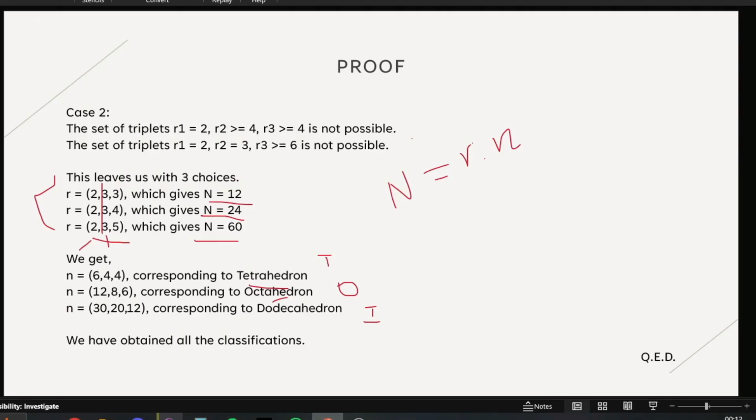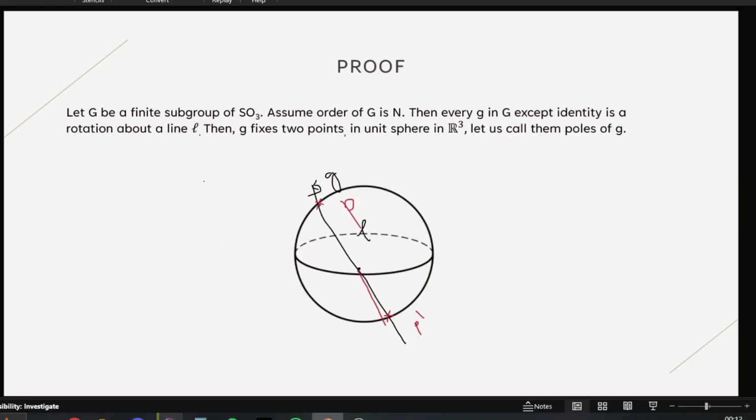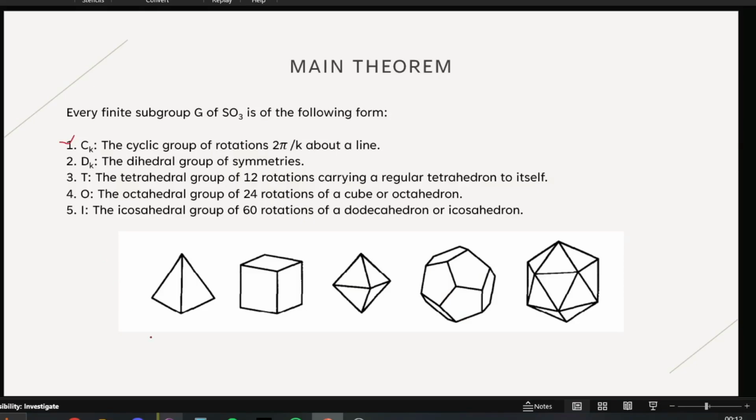So I will probably go over this once again very quickly, because this was a pretty long proof. We defined SO3. We wanted to claim that every finite subgroup G of SO3 is of only one of 5 forms.